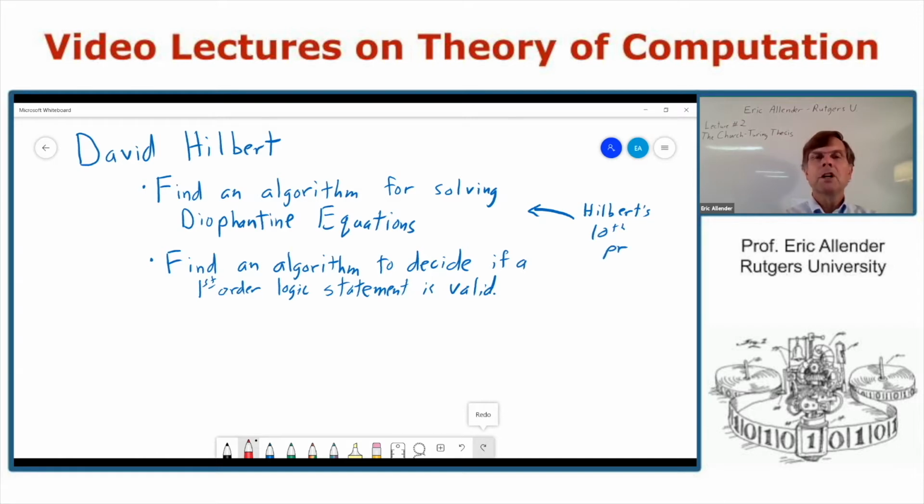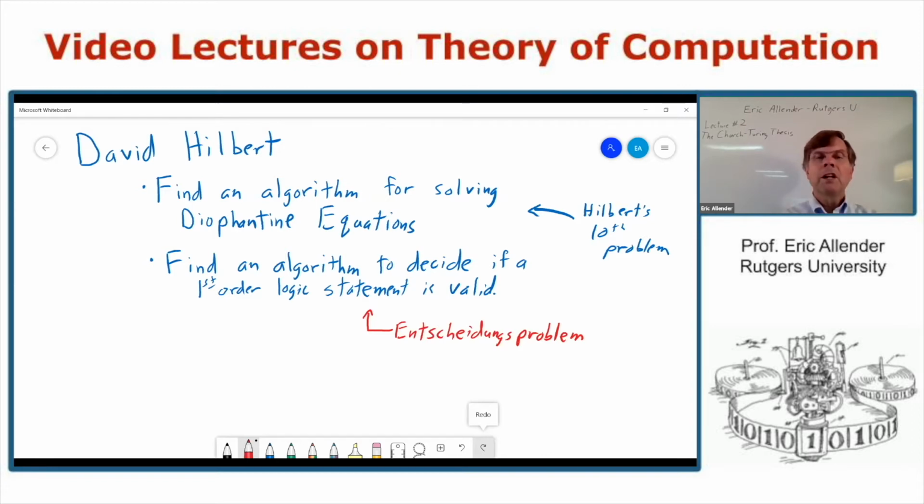This first one about solving Diophantine equations is often known as Hilbert's 10th problem. And this problem about finding an algorithm is, since Hilbert was German, called the Entscheidungsproblem, which just means the decision problem. It's an algorithm to decide.